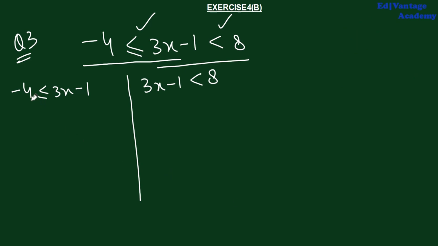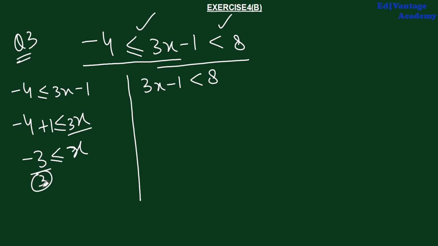So here it is, I'll send minus 1 there, it will become -4 + 1 is lesser than or equal to 3x. That is -3 is lesser than or equal to 3x. 3 goes in division as it is in multiplication. Here when it goes to the left it becomes division by a positive 3.